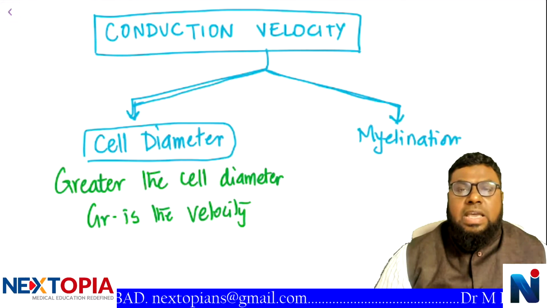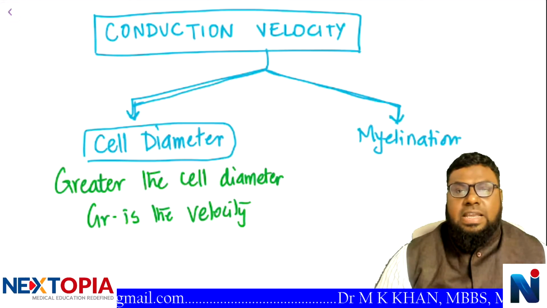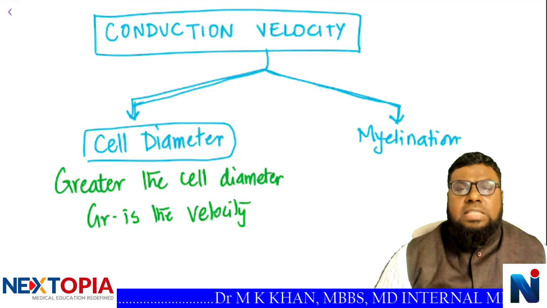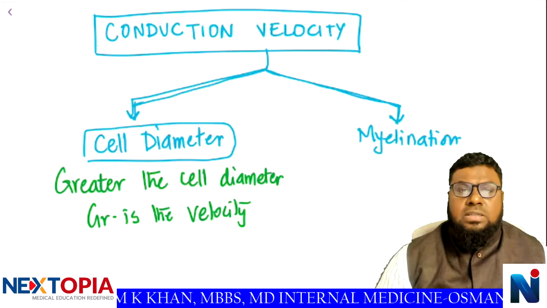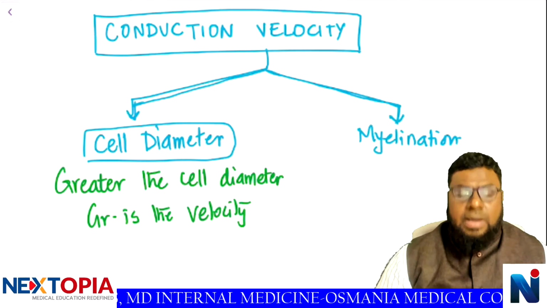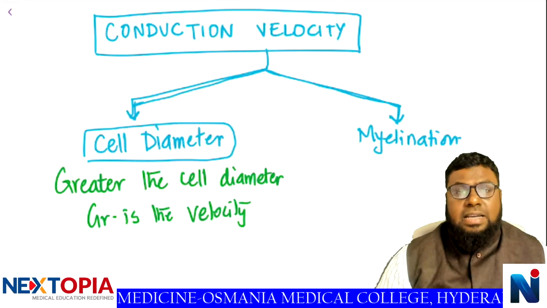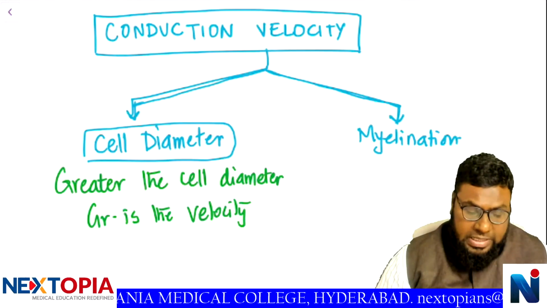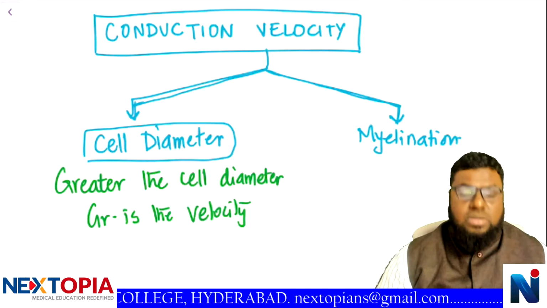What does that mean? If you check the cross-sectional surface area, as it reduces, the electrical resistance increases, hence the greater the cell diameter, the greater is the velocity.